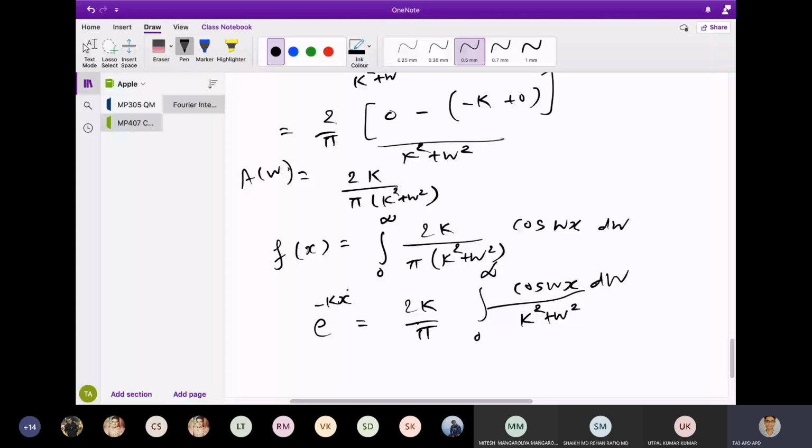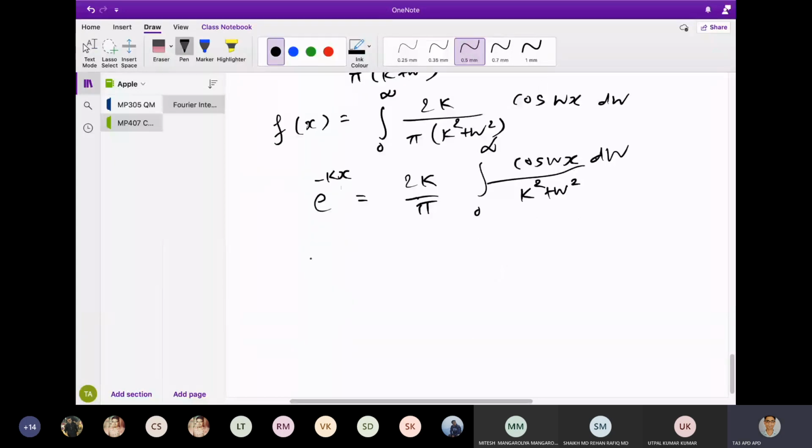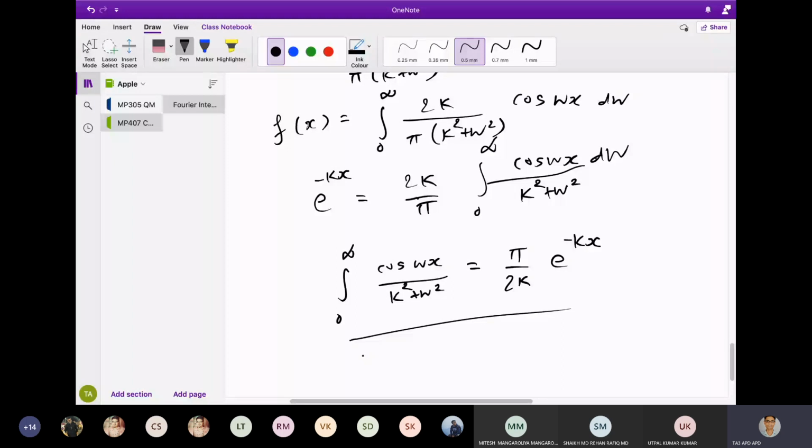Okay. So from this also one can write down the value of this integral. This integral, the integral from 0 to infinity of cos wx divided by k square plus w square dw, is equal to, the pi upon 2 will also go there, so this is going to be pi upon 2k times e raised to minus kx, and this is called the Laplace integral.